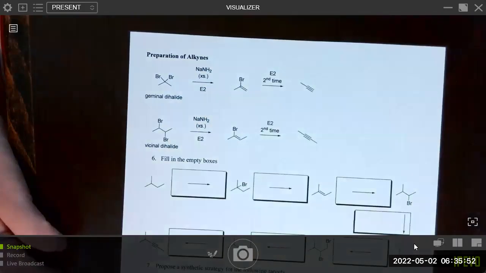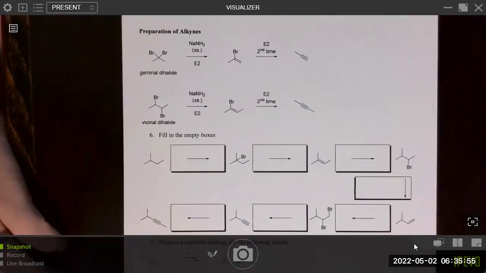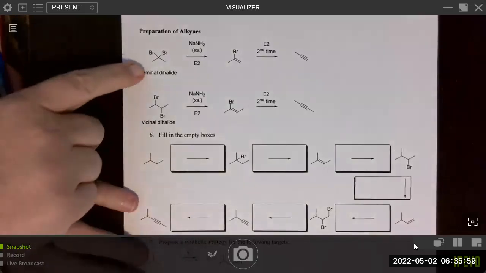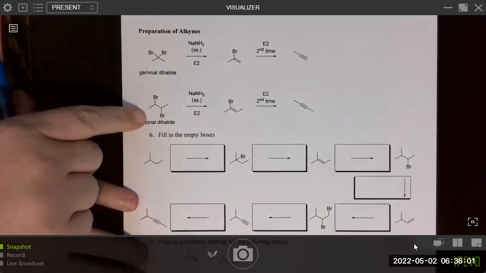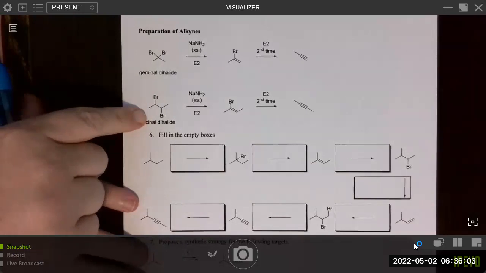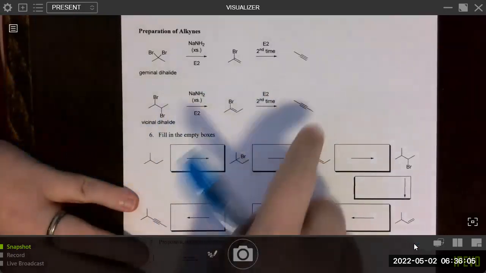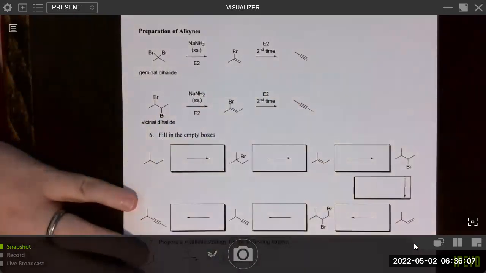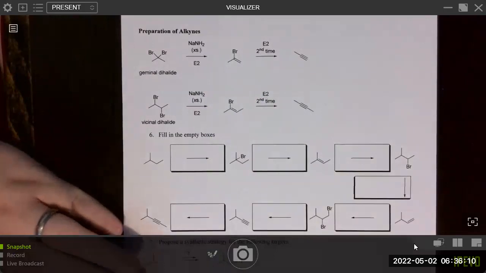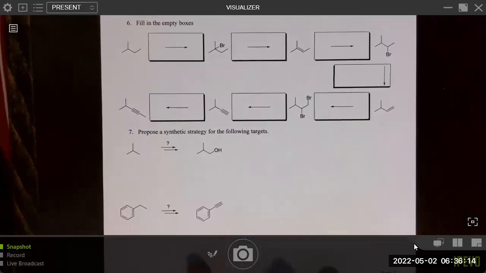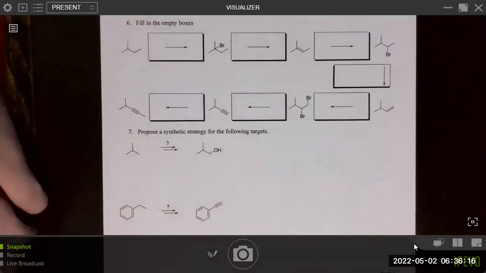Moving on to the next page, preparation of alkynes. So recall that we can take either a geminal dihalide or a vicinal dihalide and do a series of E2 elimination reactions to get an alkyne. So let's go ahead and use that information to fill in the empty boxes here.